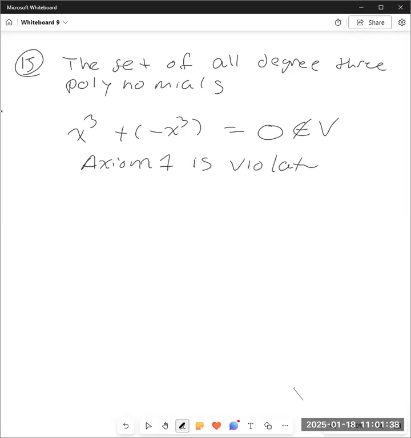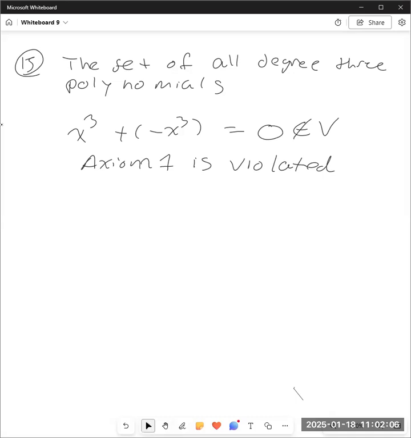I'm sure there are others that are violated as well, like a constant multiple times it. If I did 0 times this, the 0 vector for polynomials is going to be f of x equals 0, the constant 0, so it's not a third degree polynomial.